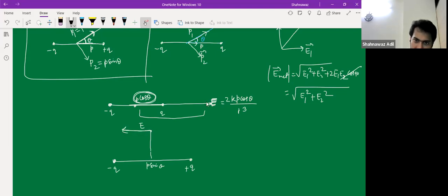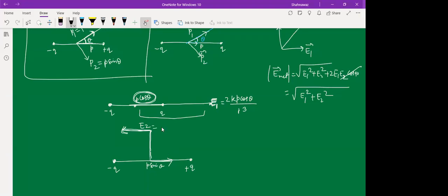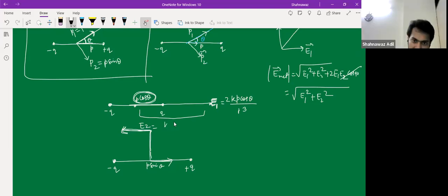So this is E2. Can you guess what point this is? I have this dipole moment, and I am getting this electric field. So this is the equatorial point, correct? I am only talking about the magnitude, so this would be K P sin theta by r cube. Understood, guys?